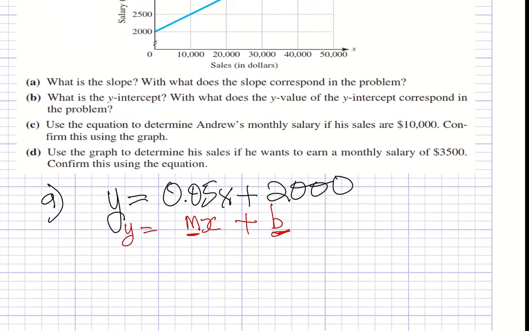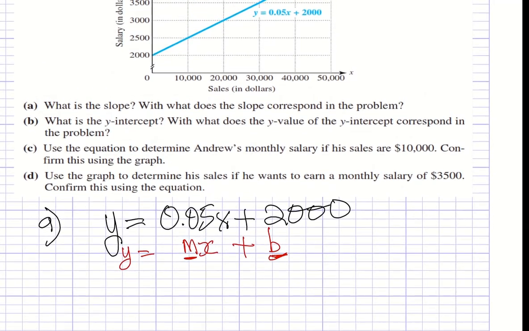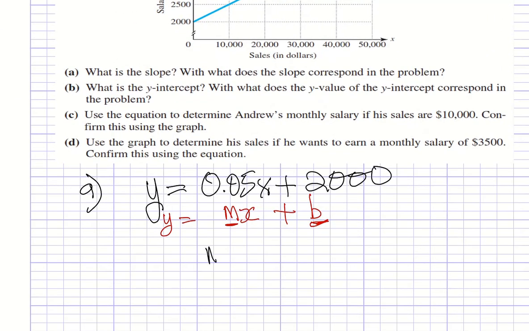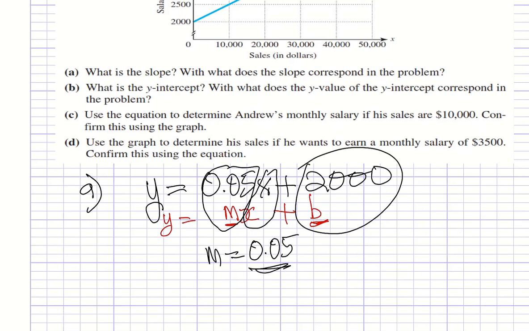You compare it with that, then you can see that the slope m is equal to 0.05. Look at that and look at that. So that's how you compare that.